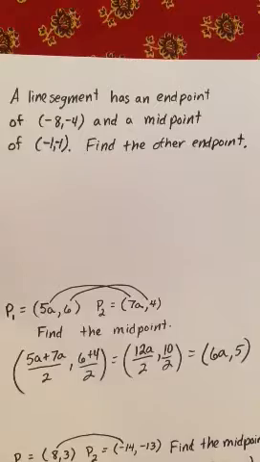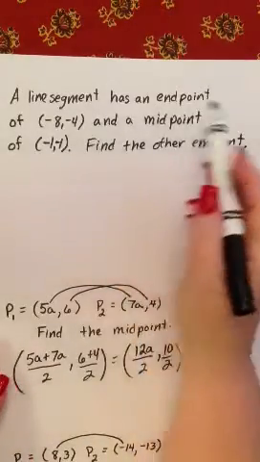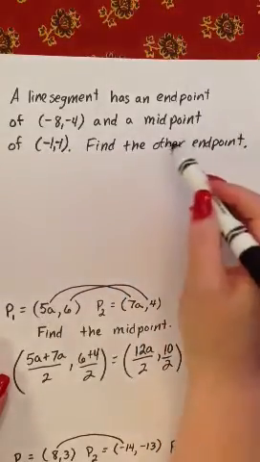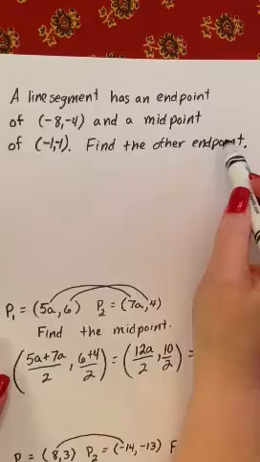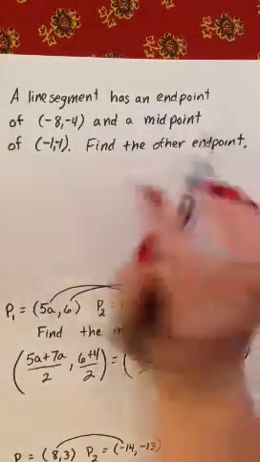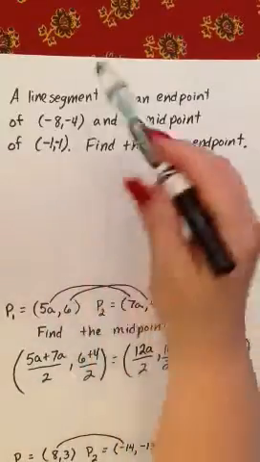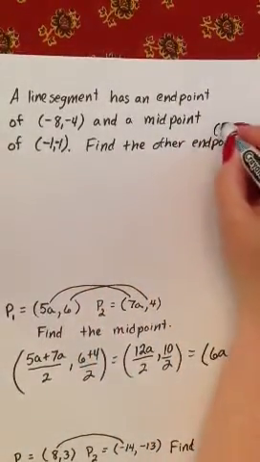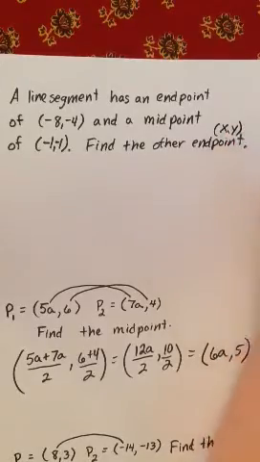It says a line segment has an endpoint of (-8, -4), and it has a midpoint of (-1, -1). Find the other endpoint. Okay, so this is an endpoint, this is the midpoint right here. So let's say we call our other endpoint (x, y).